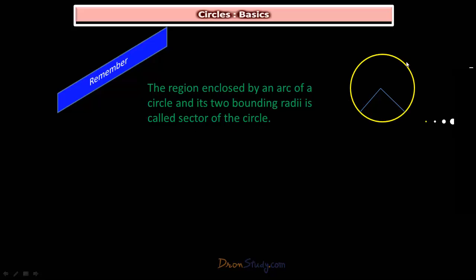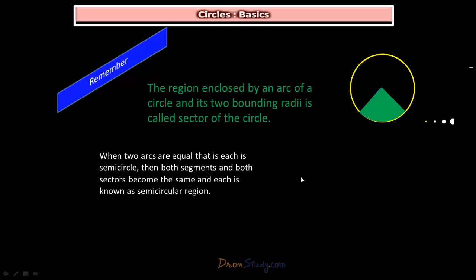Now this is the circle and these are the two radii of the circle, and this is the portion bounded by these two radii and this minor arc. Then this portion is called the sector of the circle. So this is the sector of the circle.